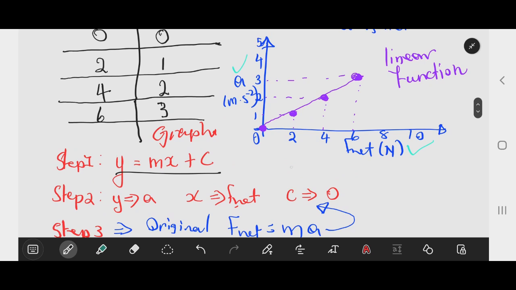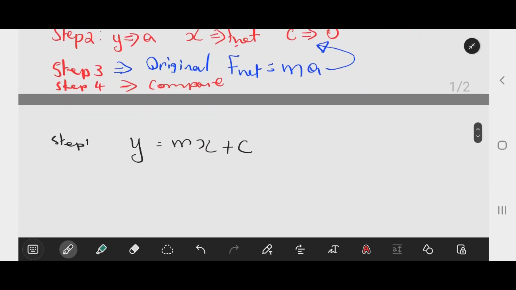Okay, and then step number 2, you substitute your variables from the graph. So instead of y, we will substitute y with acceleration, and the m is the gradient, right? So let me use m_g to show that this is the gradient, not the mass, right?